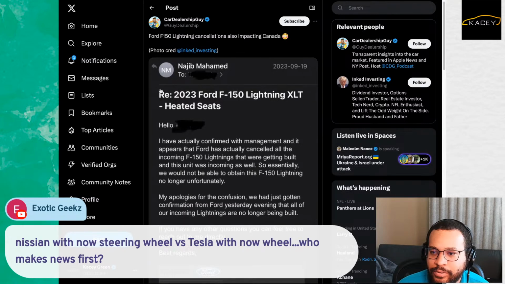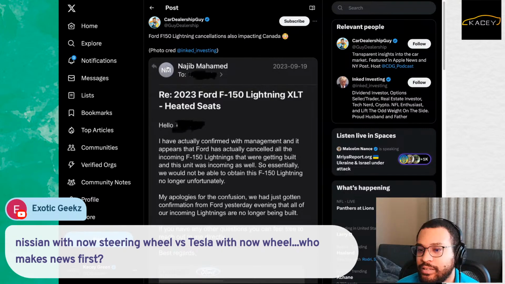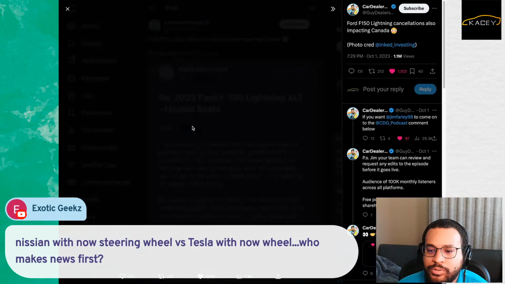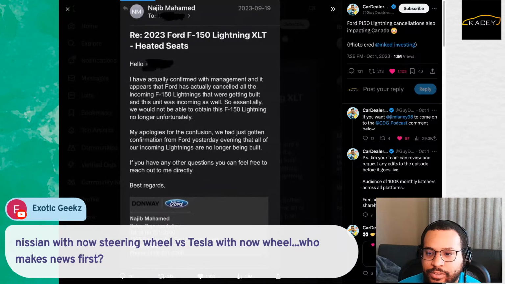All right, so car dealership guy says the F-150 Lightning cancellations are also impacting Canada. Photo credit is at Inked Investing. So this is an email to Najib. Najib was told that his 2023 Ford F-150 Lightning XLT with heated seats... Sorry.